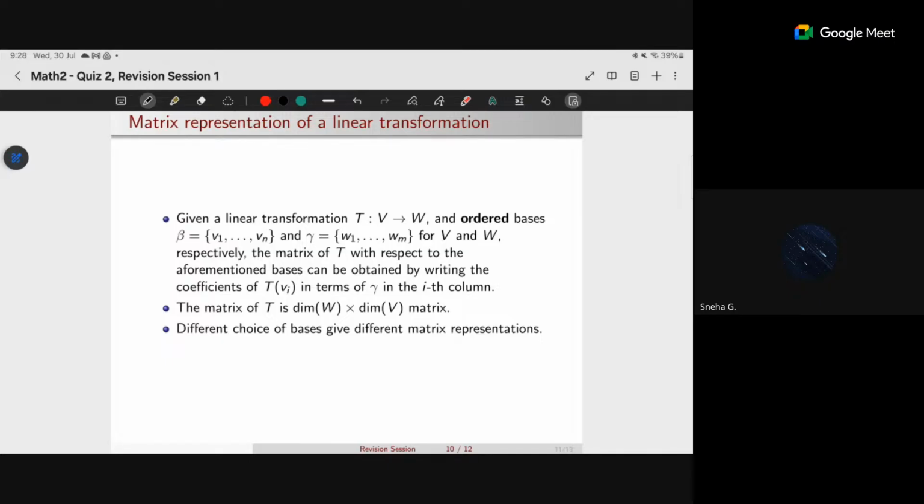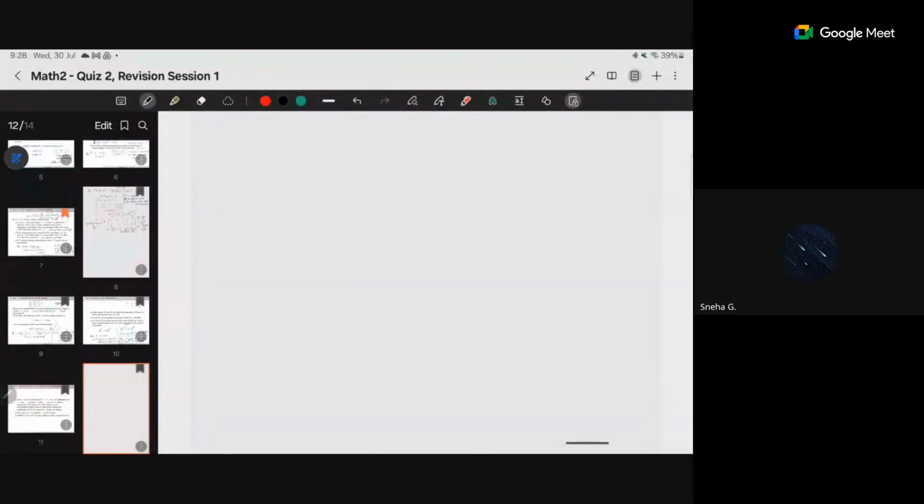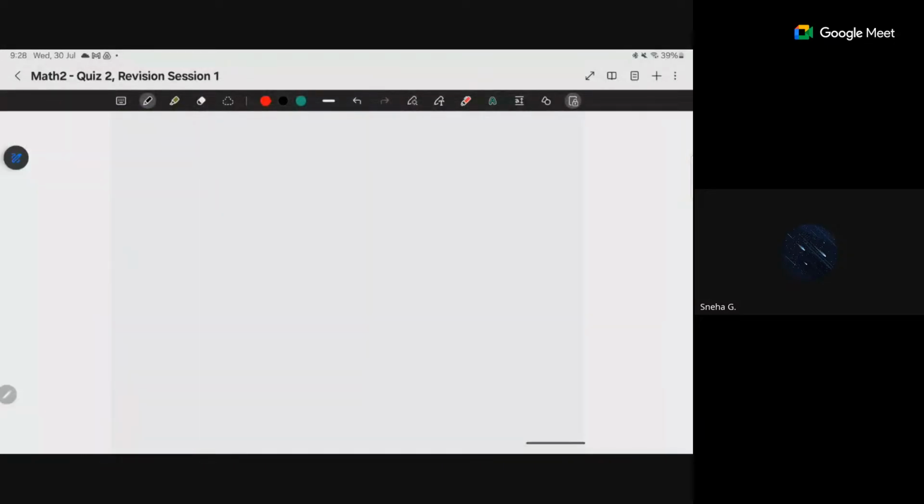Now, for this, let's do an example with a non-standard basis. We'll do standard as well as non-standard. Let's do R2 to R2 itself.